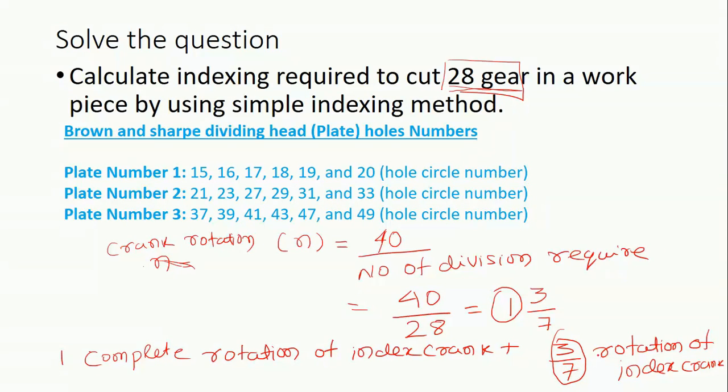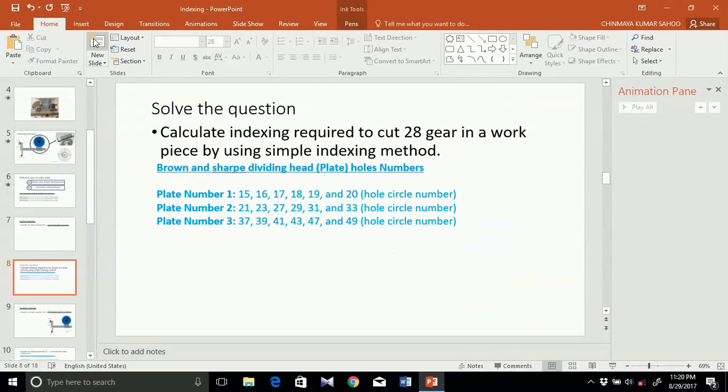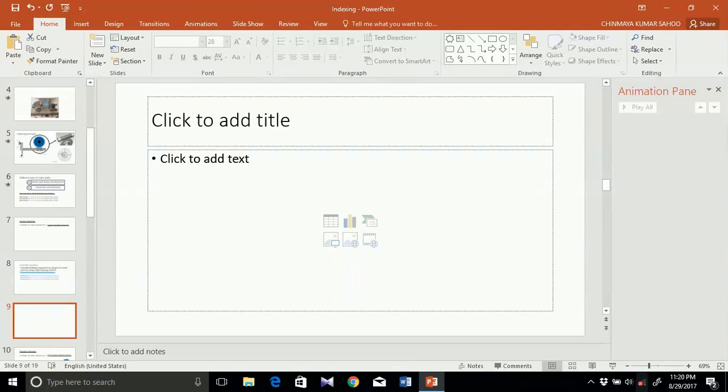So better to go for that. How can we go? Let's go to another slide and we can clearly observe it. One complete rotation plus 3 by 7. So in 3 by 7, the top part indicates the whole number and the denominator part is the circle number.